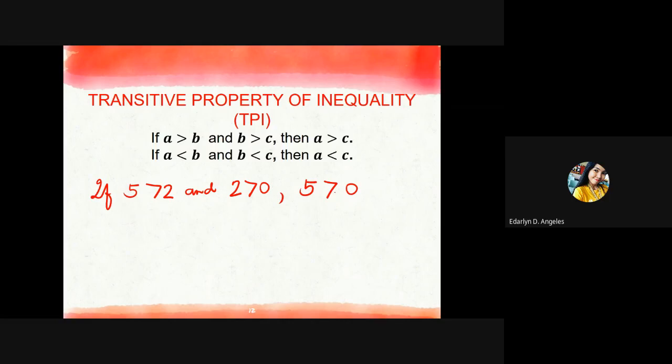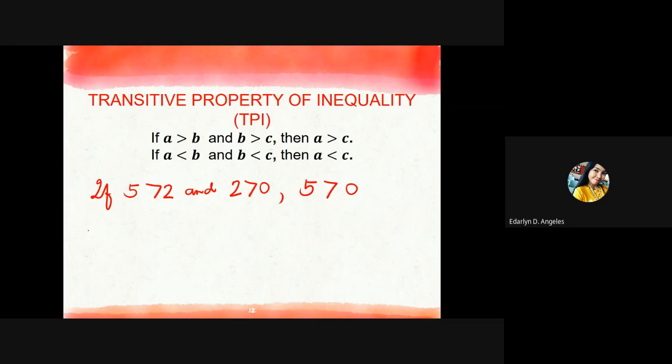Alright? And it just means that if the first quantity is greater than the second, and the second is greater than the third, therefore the first is greater than the third quantity. Alright?